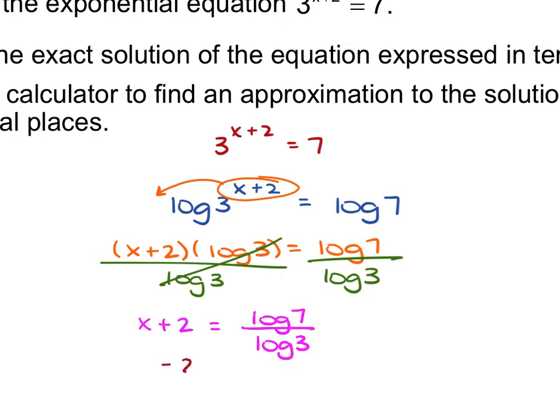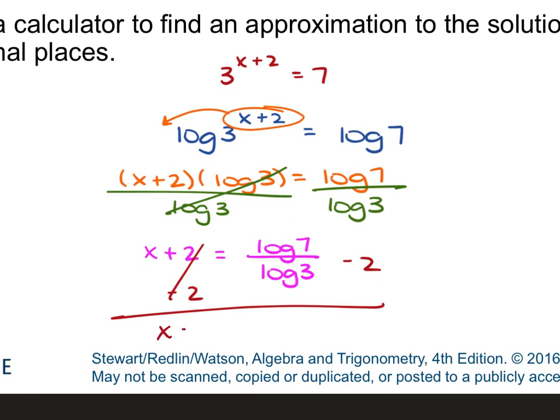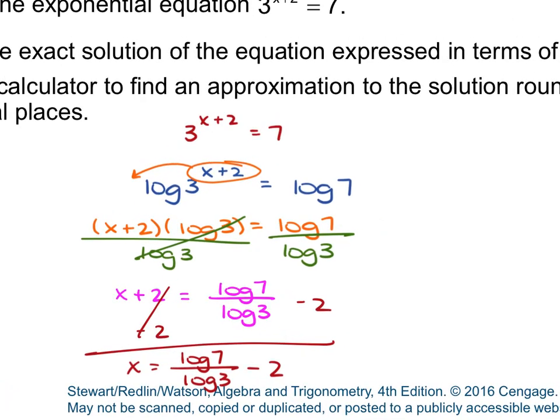From here, we would just subtract 2 from each side, which means in your calculator, you're going to plug in log 7 divided by log 3, hit your enter button, and then subtract 2 from that.